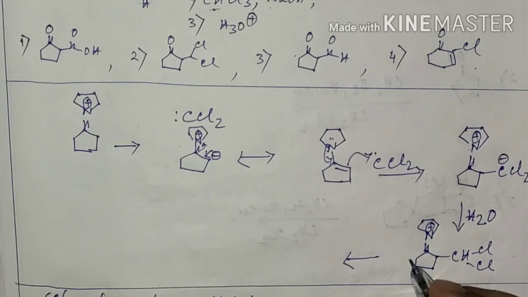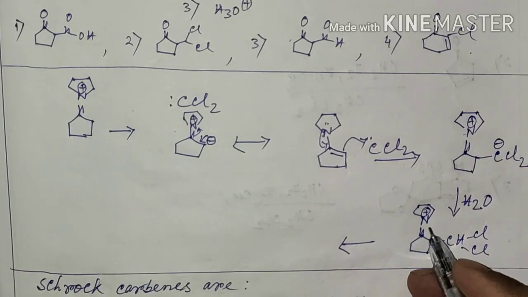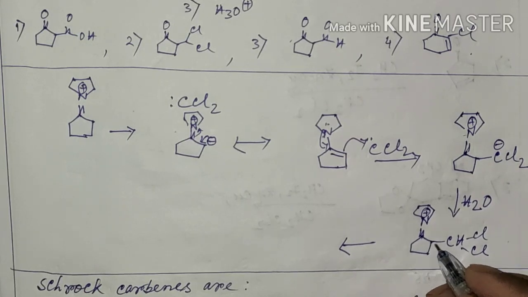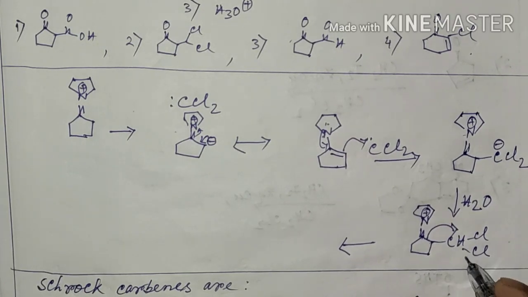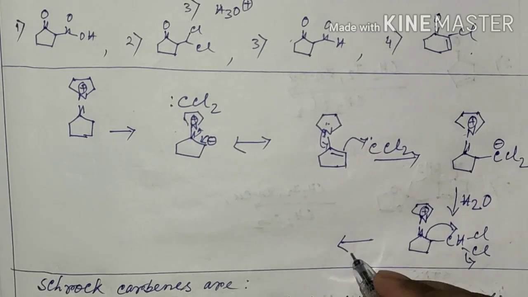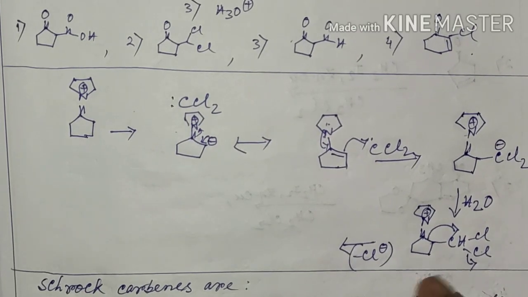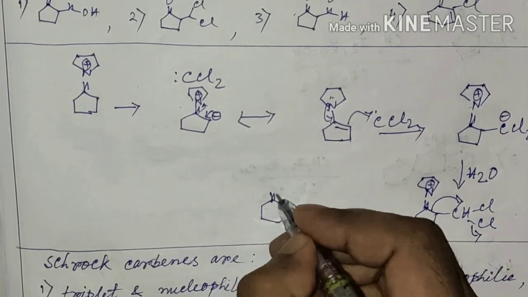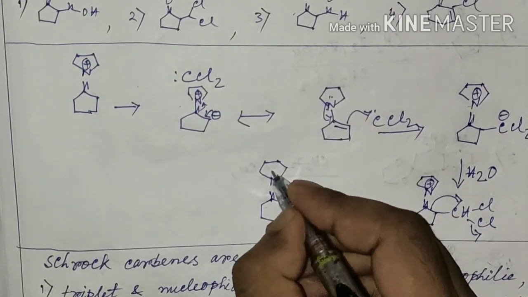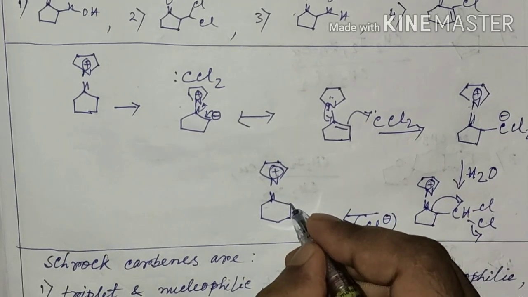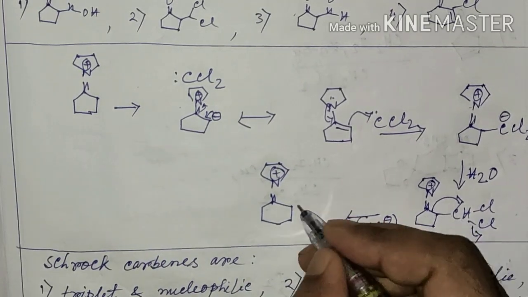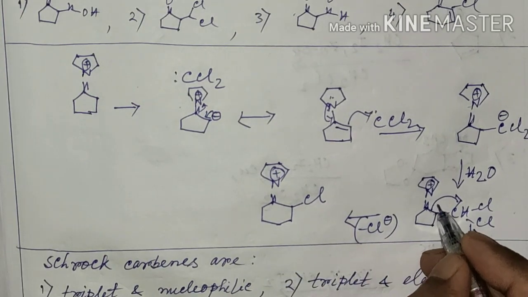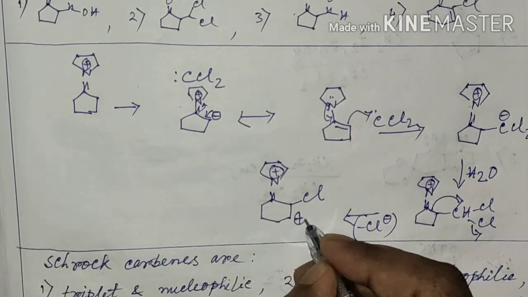Now this species will not be stable in this form and it will undergo rearrangement. That is, this carbon-carbon bond will attack here and eliminate this chlorine as chloride. So there will be formation of a 6-membered ring. It is attacking here, so here it is chloride and this carbon-carbon bond is cleaving, so here there will be a positive charge.